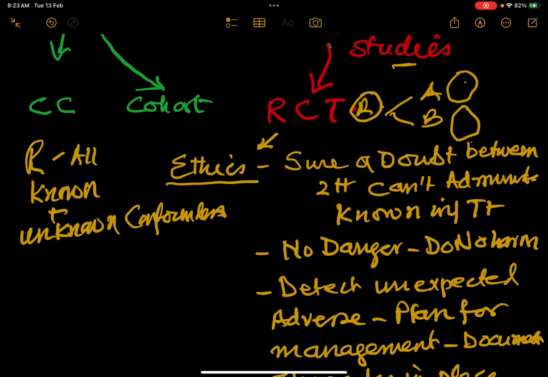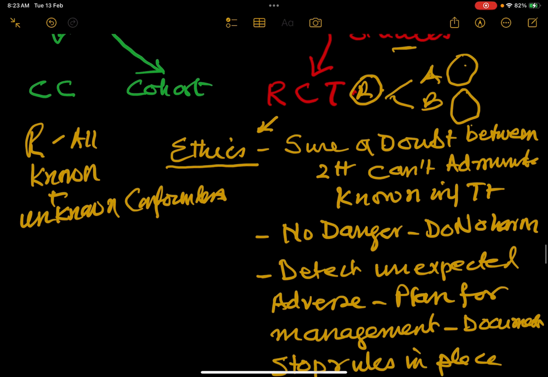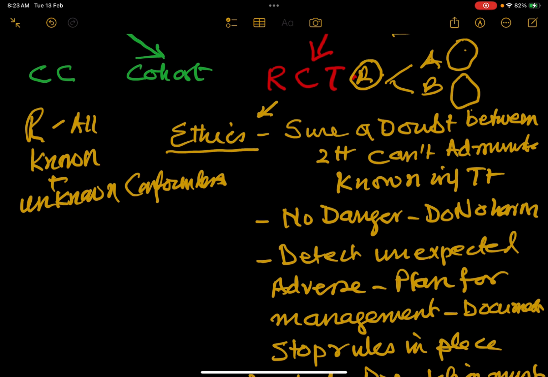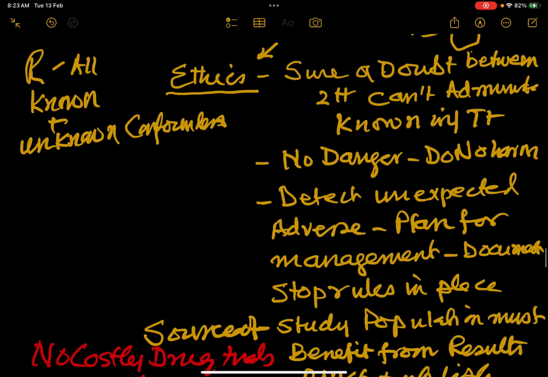If a treatment is known to be inferior, you cannot use it in the randomized control trial. Secondly, you must be very sure that there is no danger in administering the experimental treatment. Thirdly, you must have a documented plan of what will happen in case you detect an unexpected adverse event.